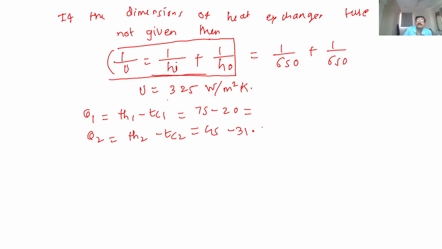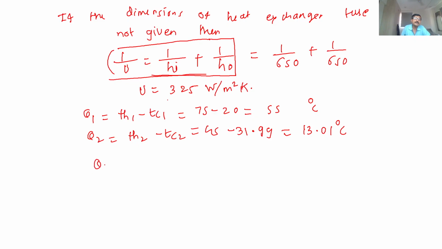45 minus 31.99 is equal to, what is the value of theta 1? Theta 1 comes around 55 and theta 2 comes around 13.01 degrees Celsius.